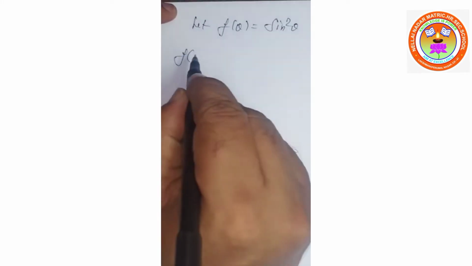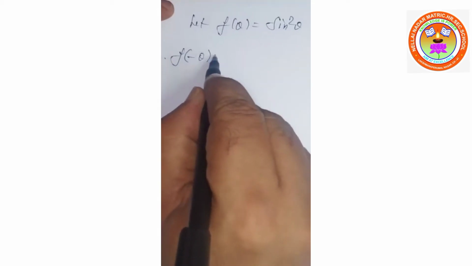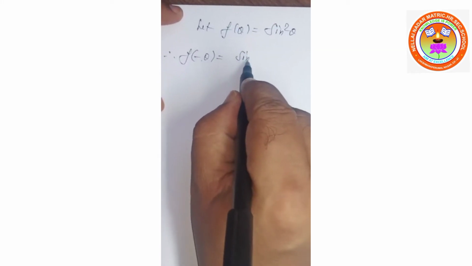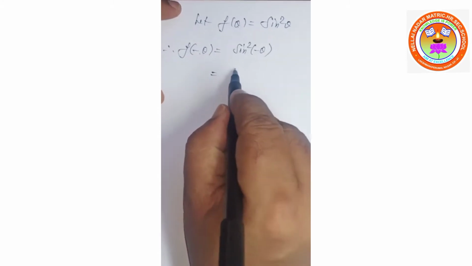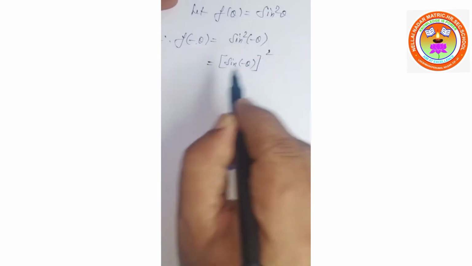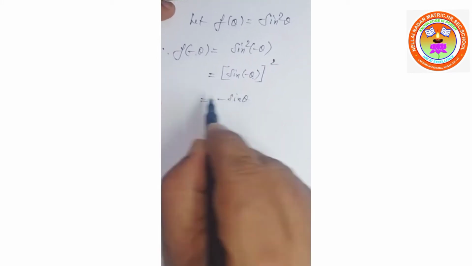We have to verify whether the given function is odd or even, so I take f of minus theta. That means replace theta by minus theta. So sin squared of minus theta means sine of minus theta the whole square. We know very well sine of minus theta equals minus sine theta, I have given that in the note.